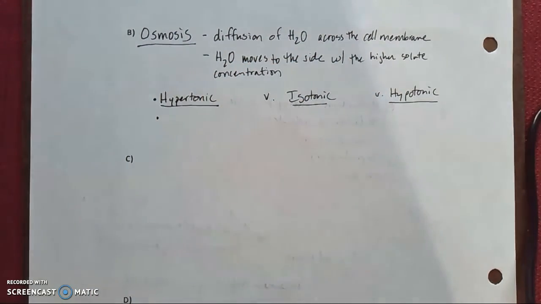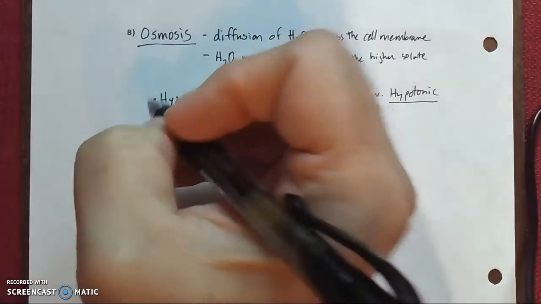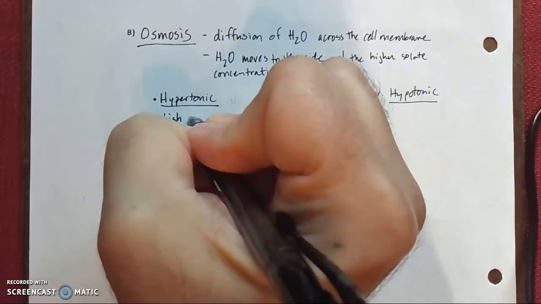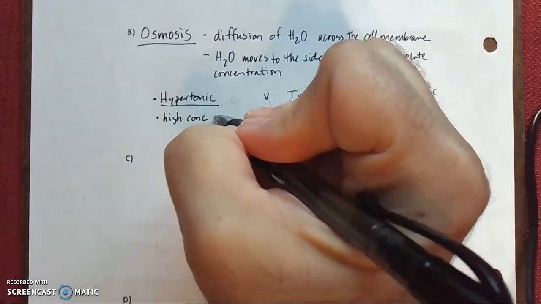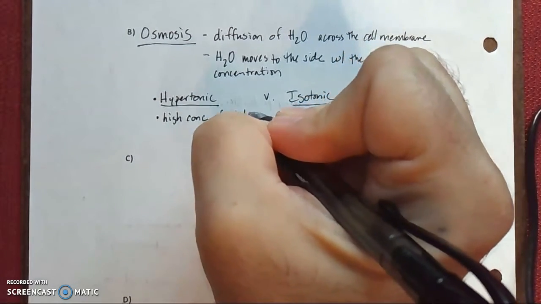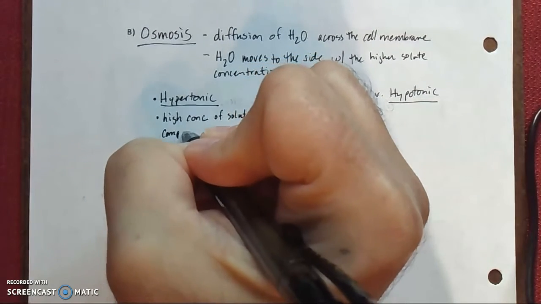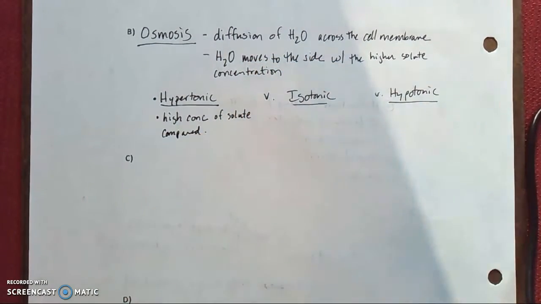So if something is hypertonic, hyper means above or higher. We have a high concentration, I'm going to abbreviate concentration to CONC, of solute compared to something else. So there's a high concentration of solute compared.